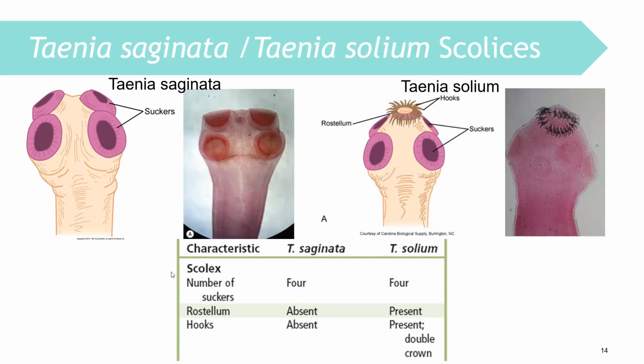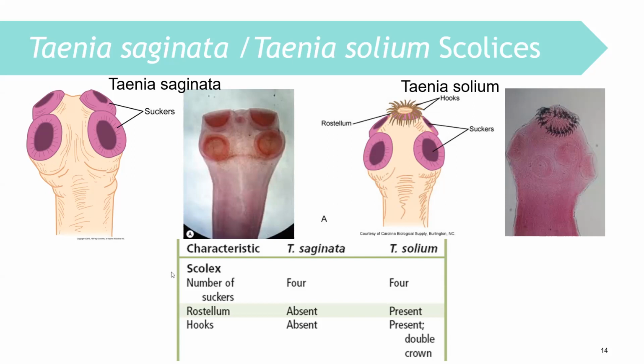Rostellum, solium, sounds alike, di ba? If you don't have the rostellum, you are saginata. But if you have the rostellum, you are solium. And take note, if you have the presence of rostellum, meron siyang hooklets, that is your Taenia solium.